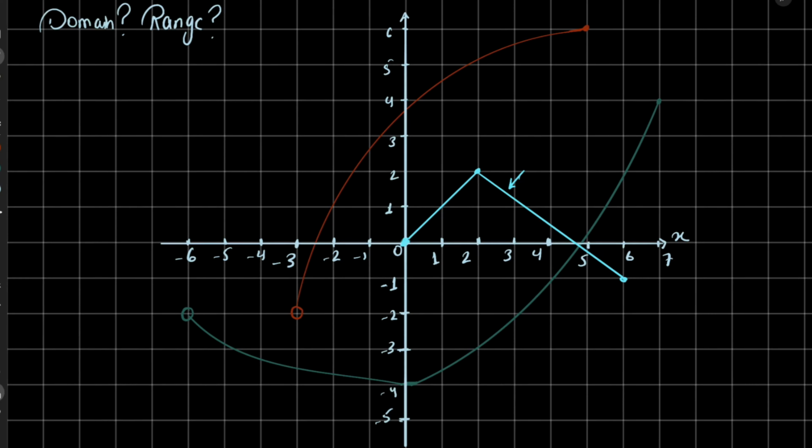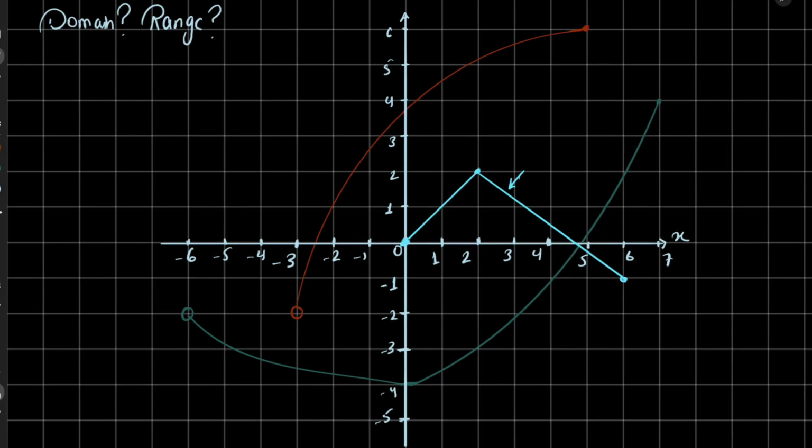Why? In order to find the range of this function or any function, we have to project the graphical representation on the y-axis, and the interval will be the range of this function, because we've said that y contains the image or the output variables of any function.